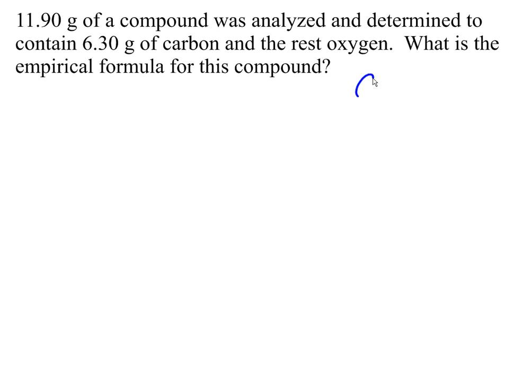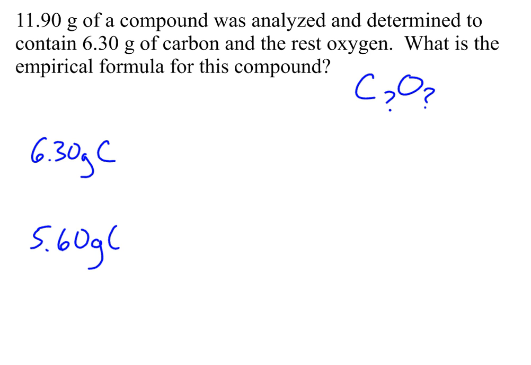So we're trying to figure out the subscripts in the empirical formula. We know that there is 6.30 grams of carbon, and by subtraction, we can calculate that there are 5.60 grams of oxygen.